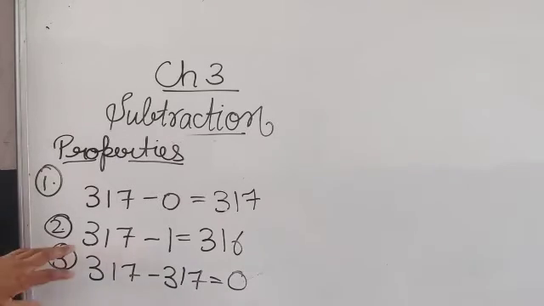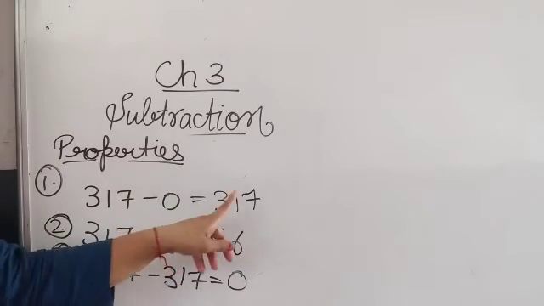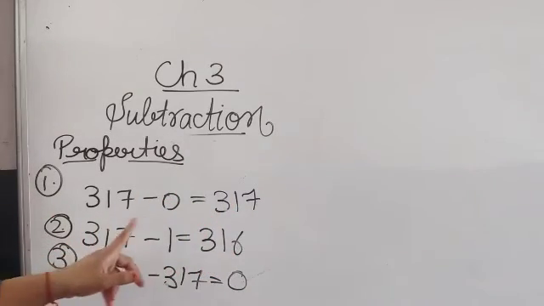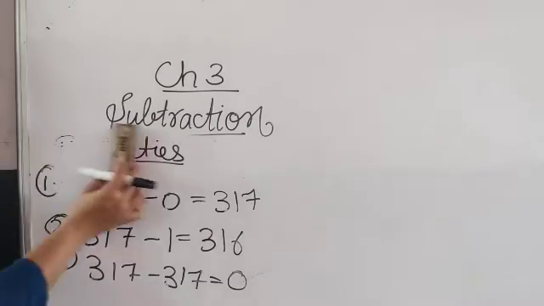Very good. When we subtract a number from itself, we get 0. When we subtract 0, we get the number itself. When we subtract 1, we get the predecessor. Is it clear? Very good.